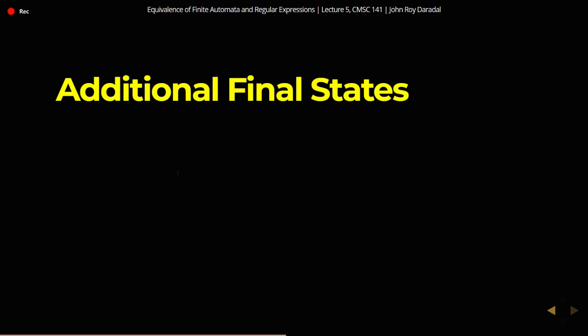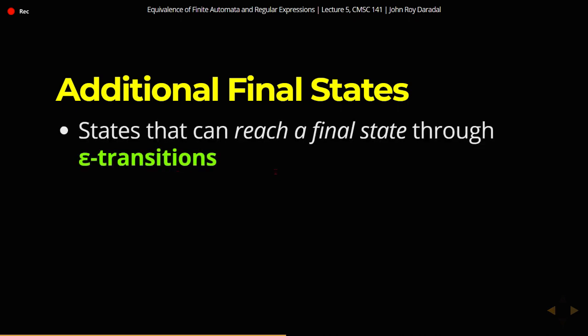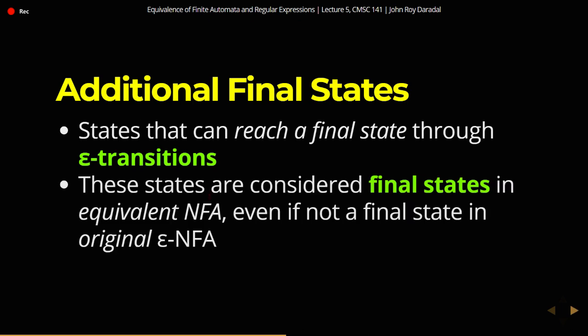One last thing, for the additional final states, states that can reach a final state through epsilon transitions have to be added as final states as well. Okay, so even if these states are not final states in the original epsilon NFA, we will consider them as final states in the equivalent NFA because they can reach it through epsilon transitions. And since we're removing epsilon transitions, we have to make sure that those that could be reached through epsilon transitions before can still be final states in our equivalent NFA.